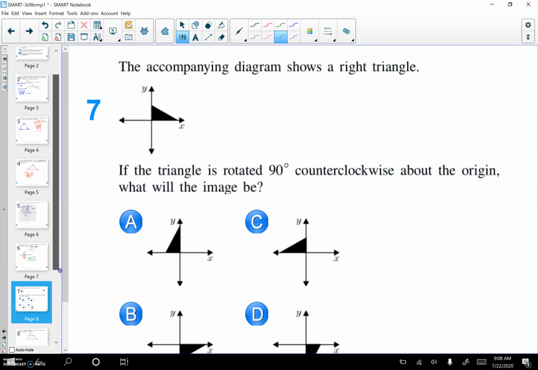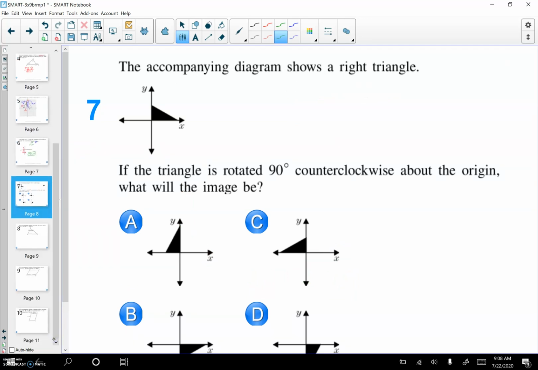Okay. So which composition? Oh, excuse me. The accompanying diagram shows a right triangle. If the triangle is rotated 90 degrees counterclockwise, so that is to the left, about the origin, what will the image be? So think about it. Every time you rotate, it goes over a quadrant.